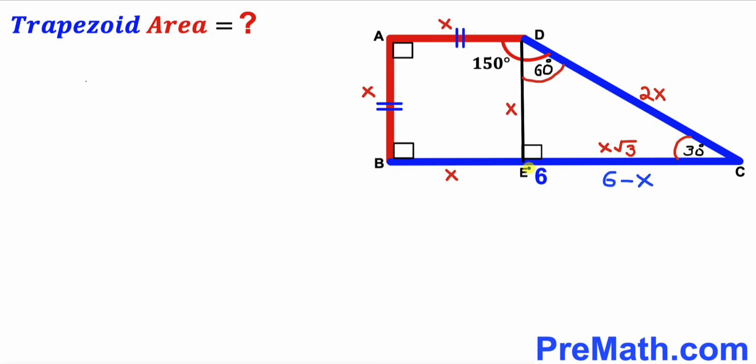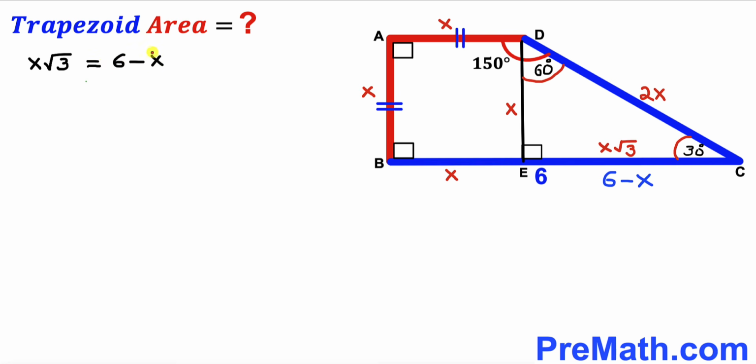Now let's make an observation. We know that this EC length is 6 minus x, and this EC length is x times the square root of 3 as well. So we can equate them. We can write x times the square root of 3 equals 6 minus x.